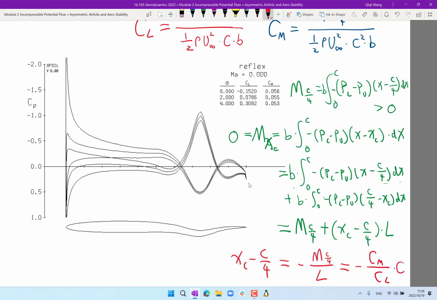That gives you exactly, right? So basically minus of Cm over Cl gives you in percentage chord how much the center of lift is different from the quarter chord.